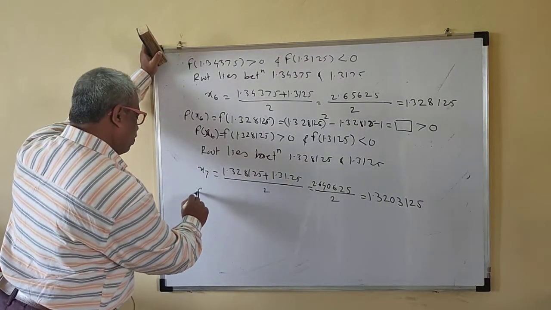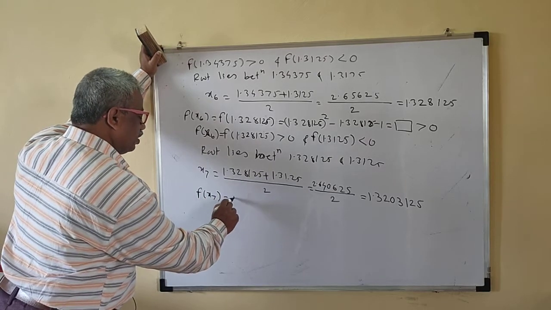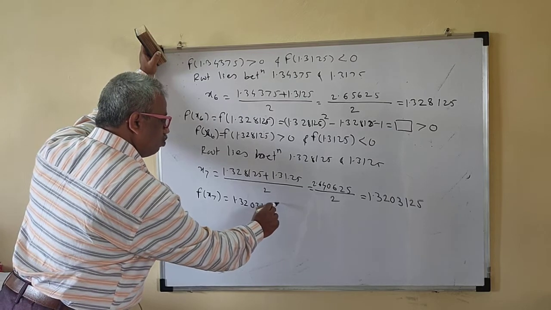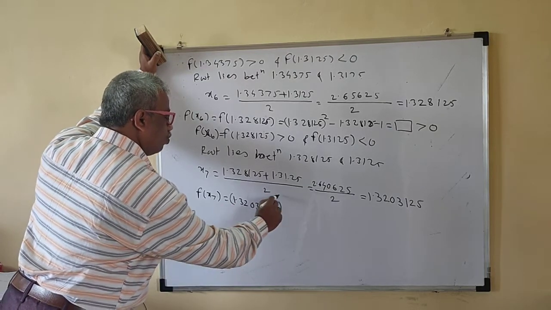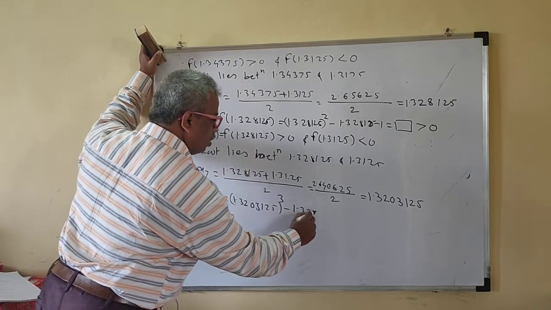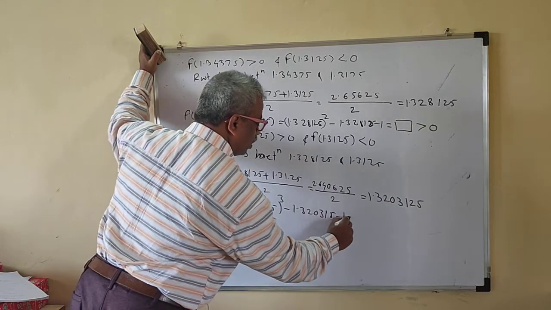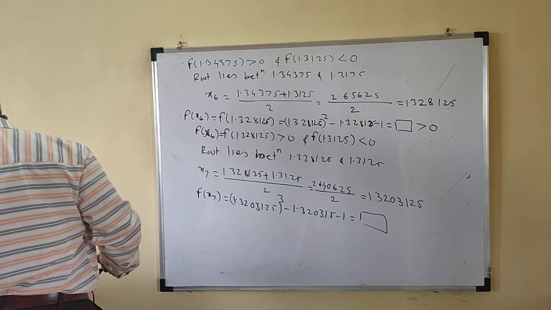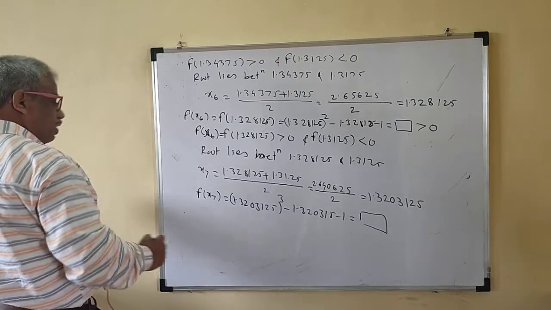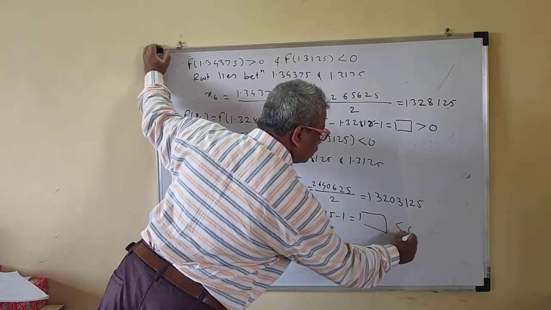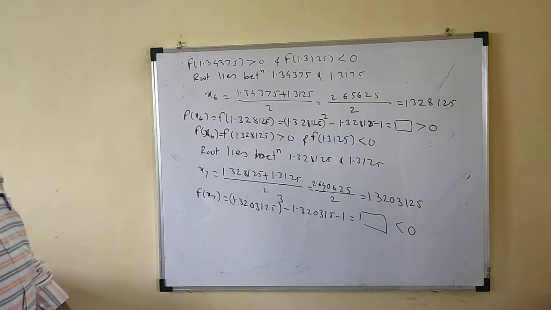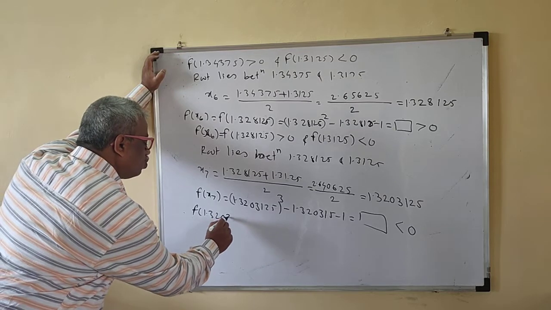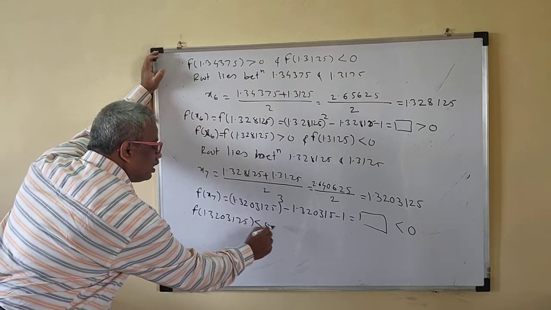So now we will find f of x7. f of x7 is equal to 1.3203125 cube minus 1.3203125 minus 1. Find the value of this one now. It is negative now. You will check this. So f of 1.3203125 is less than 0.